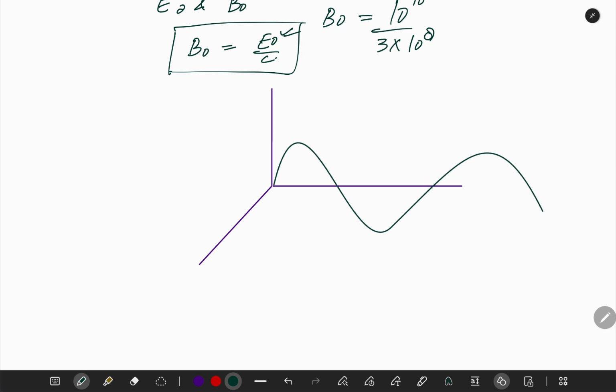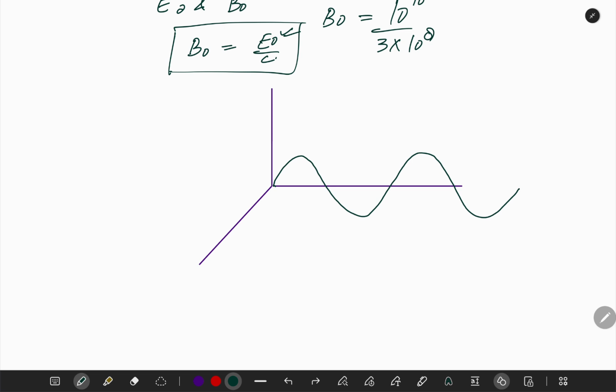Okay, let me redraw it. First one was better. I should have stuck to that. Okay, now this one is good.